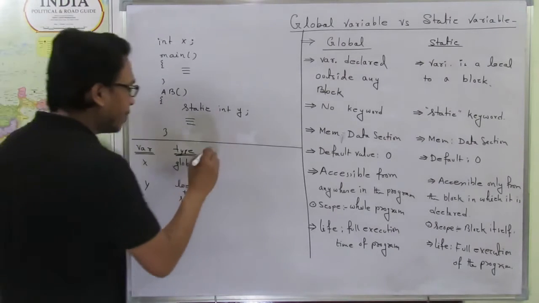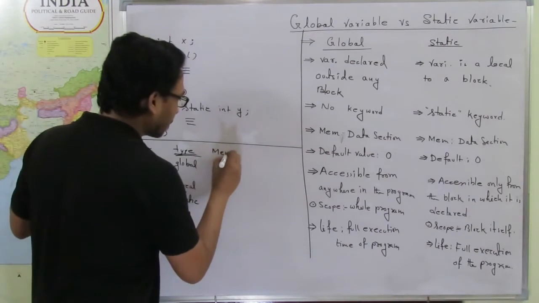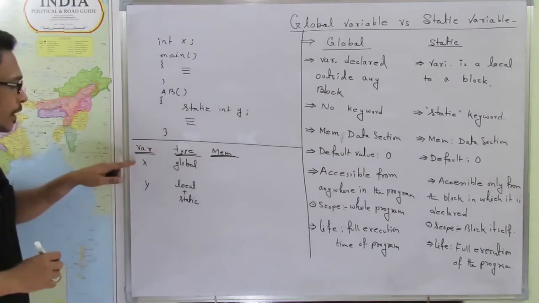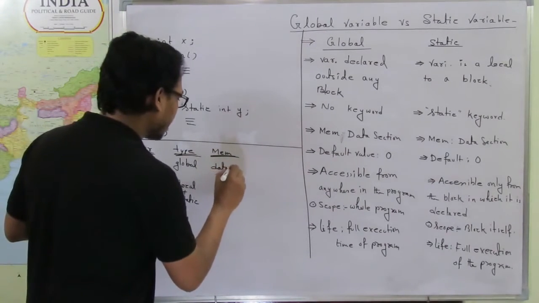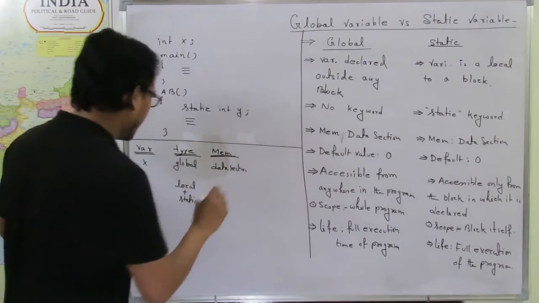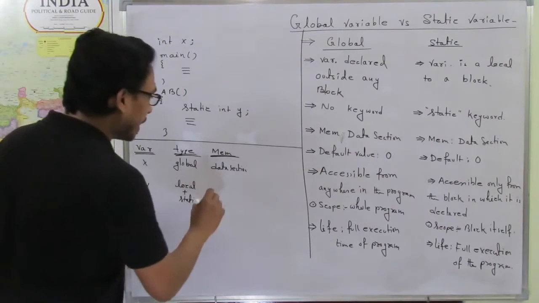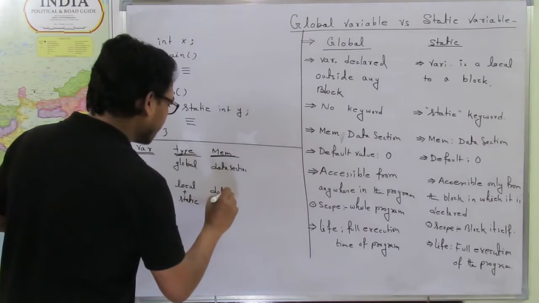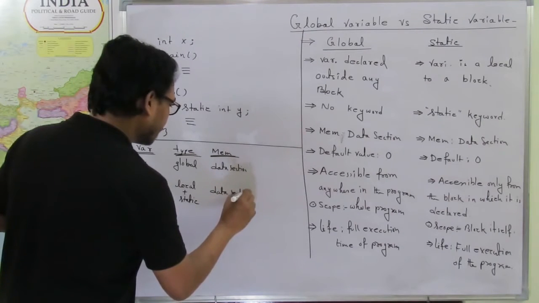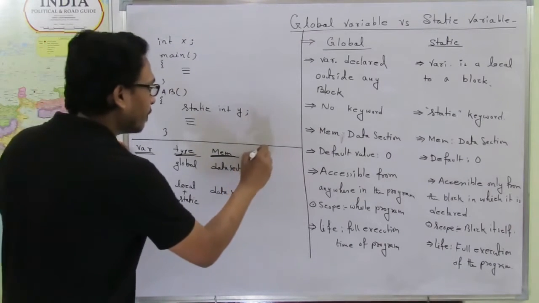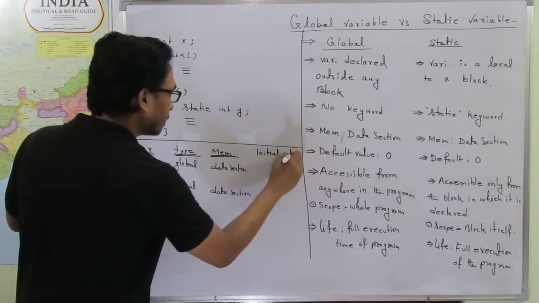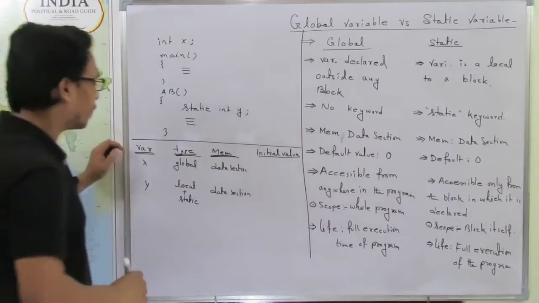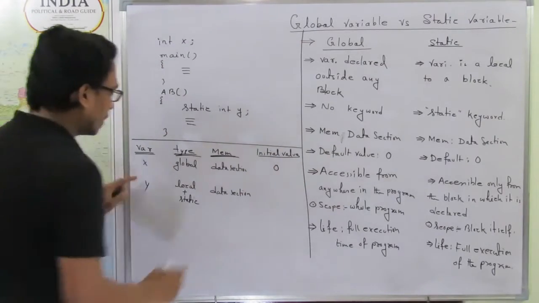Clear? Now memory for variable x will be allocated from data section, and memory for y is also allocated from data section. That means the default or initial value for x will be 0, and the initial value for y is again 0.